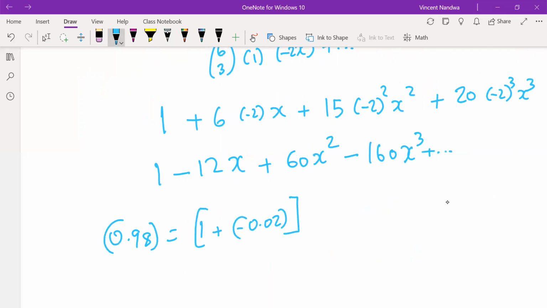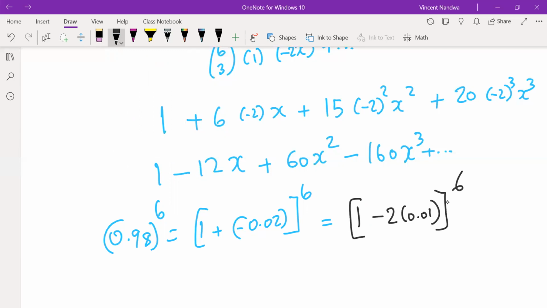So when I raise this to power 6, it can be written as (1 − 2 × 0.01)^6.